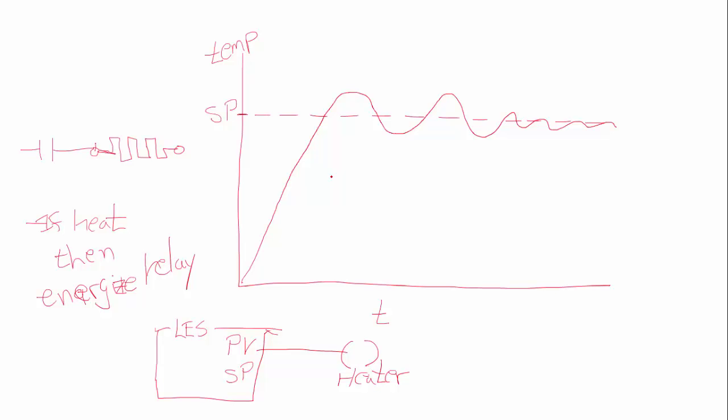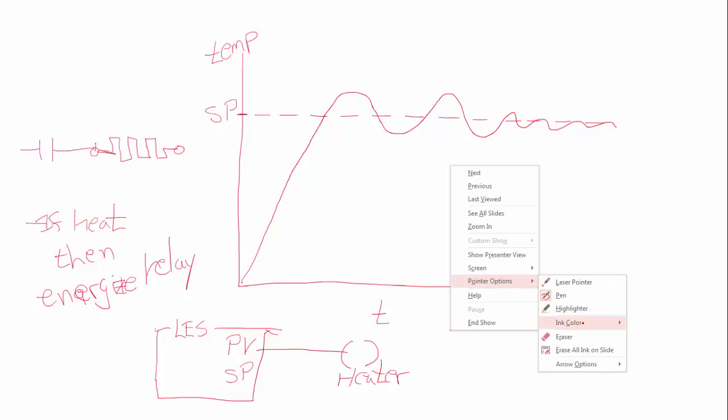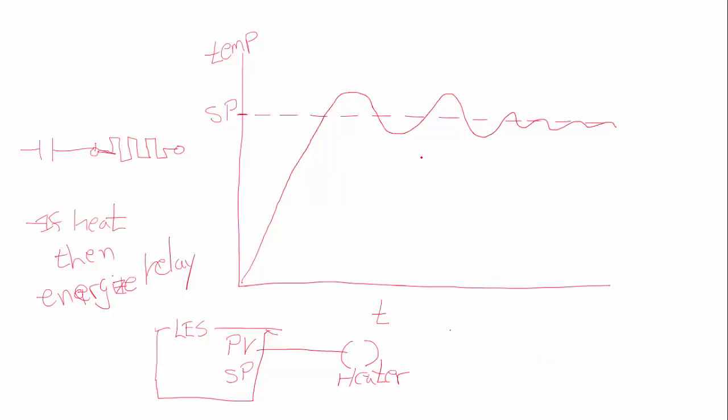So what's going to happen is, and let me change the pen color here, we'll make it a dark blue, I guess, that at all these points in time, my heater's on. But when I get to the set point, since my process variable is no longer less than the set point, the heater turns off.